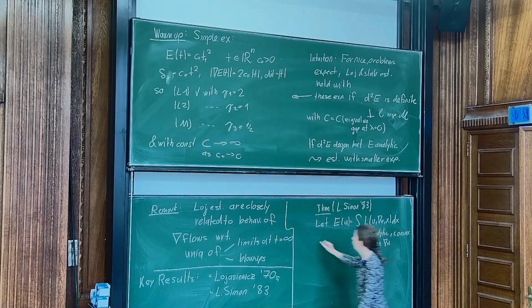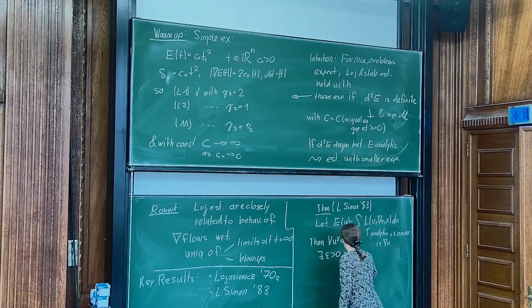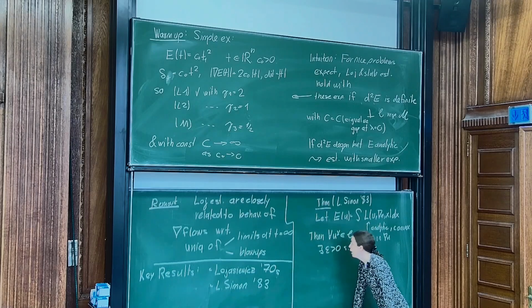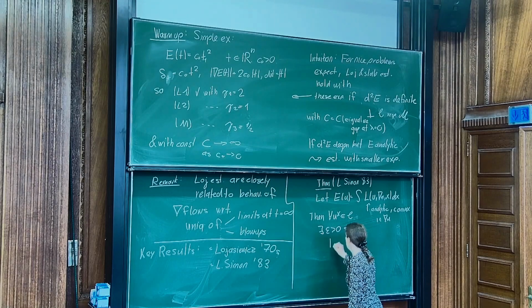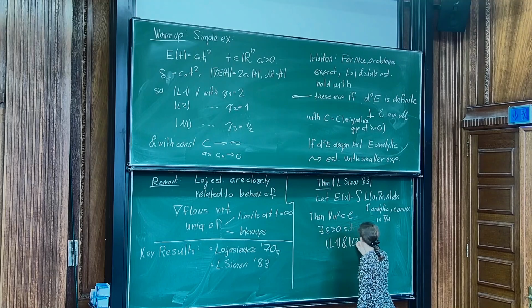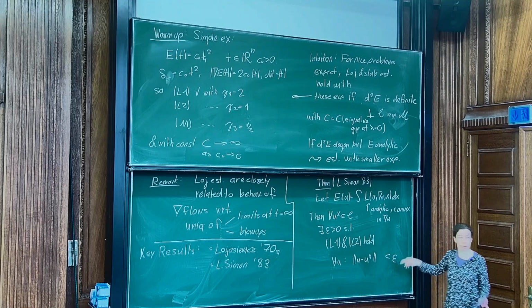Then for every critical point, there's a neighborhood such that if my map is close to u star, then I have a Łojasiewicz estimate. So L1 and L2 hold. And this is for all u such that u minus u star is less than epsilon, and it needs to be in a pretty strong form.